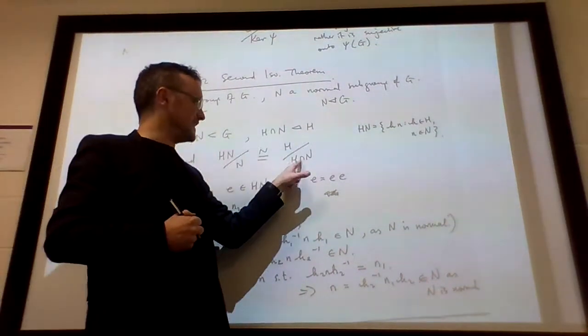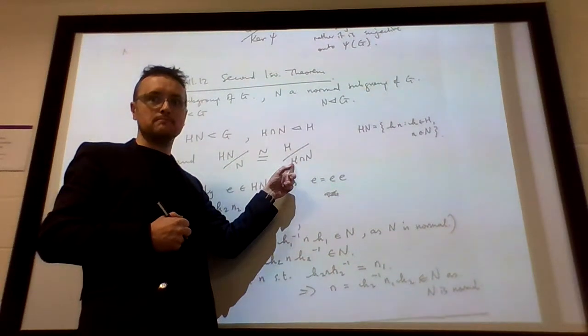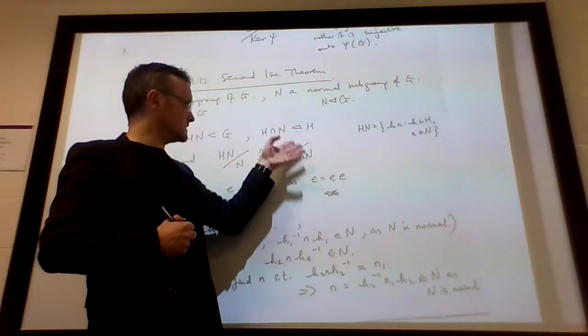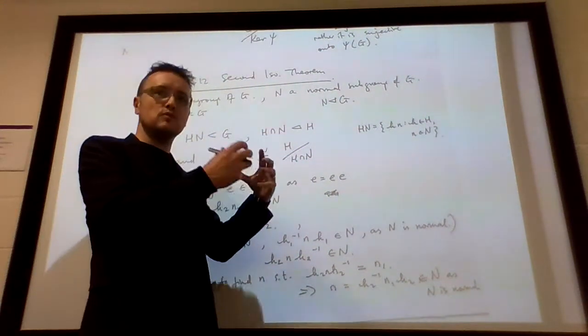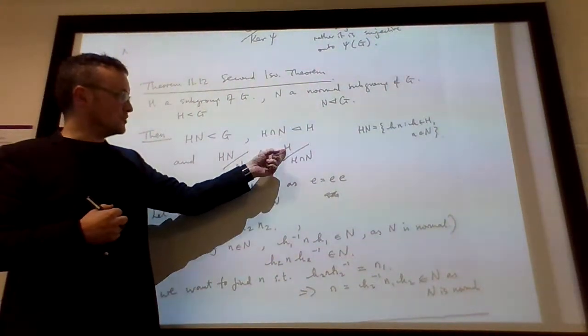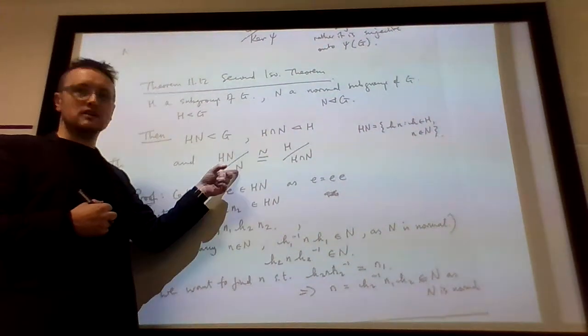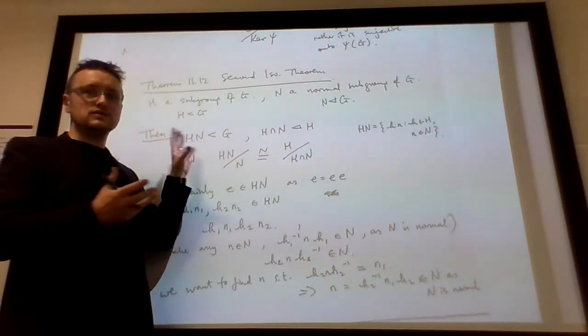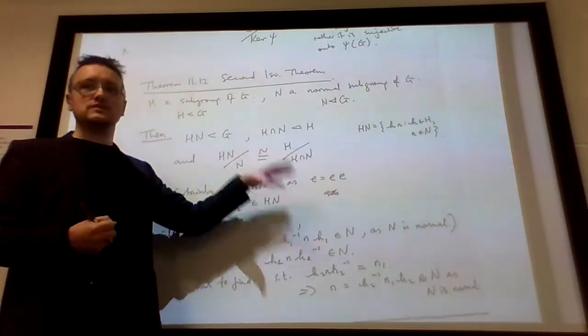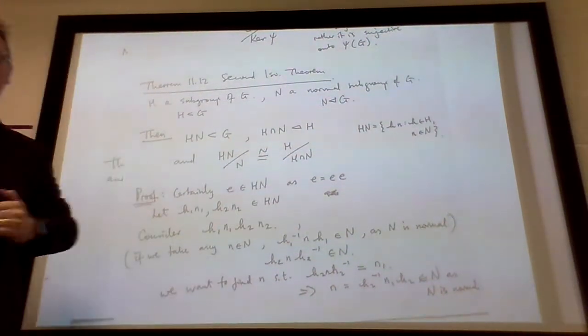These will be cosets of H intersection N, potentially smaller because it's an intersection with N. So you're factoring a smaller group by a smaller subgroup here, and a larger group by a larger subgroup there. But the two factor operations produce groups that are isomorphic to one another.